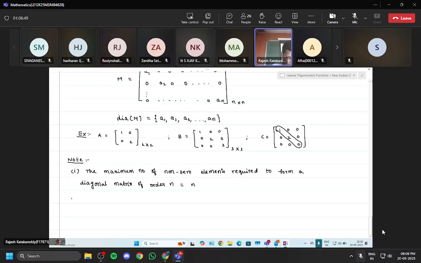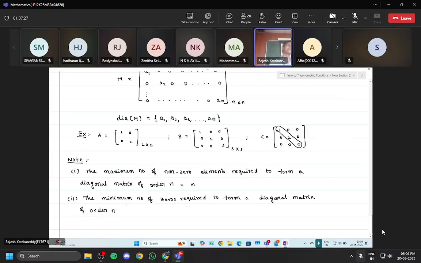Now the second point: the minimum number of zeros required to form a diagonal matrix of order n.